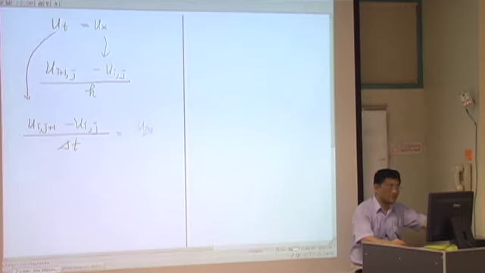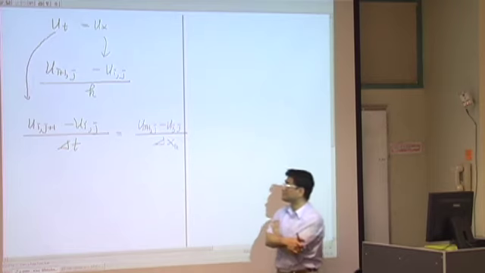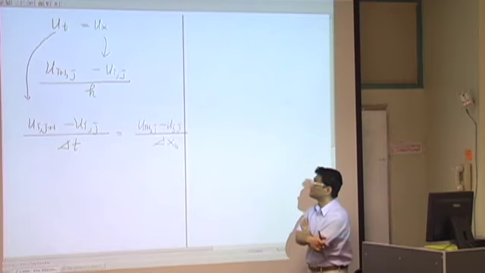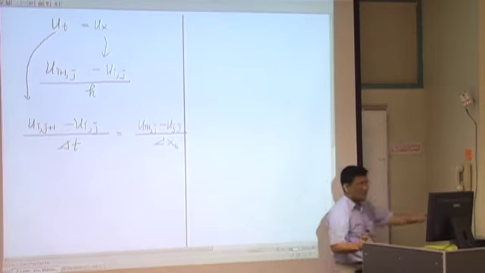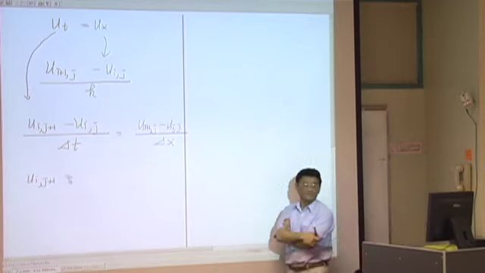Then U_{i+1,j} minus U_{i,j} over delta x. Any questions up to this point? Then you may solve this, for instance, this one. What is the result? Can you solve this for this?